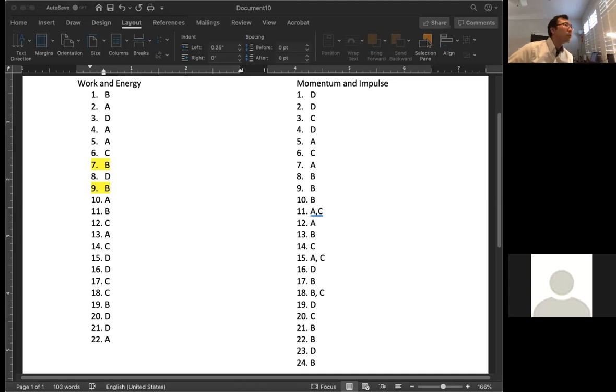Okay, so we have a car of mass m sliding across a patch of ice at a speed of v. One is a brake slot. It hits dry pavement and slides to a stop in the distance d. The coefficient of kinetic friction between the tire and the dry road is mu.